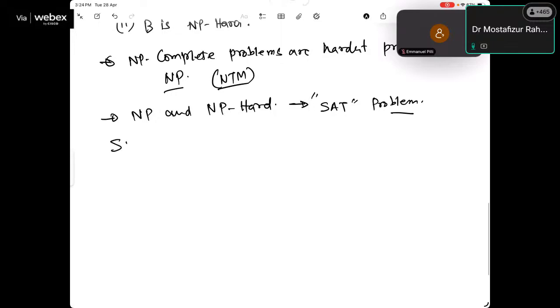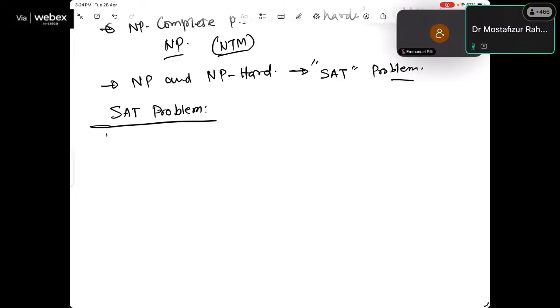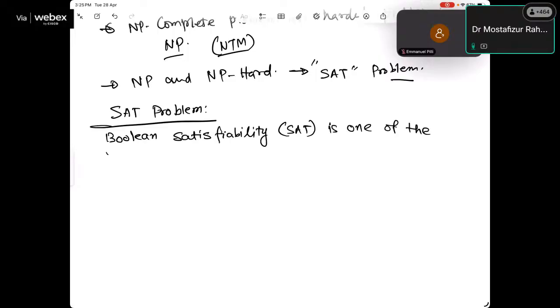SAT is an acronym for Boolean satisfiability, and it is one of the most fundamental problems in theoretical computer science.